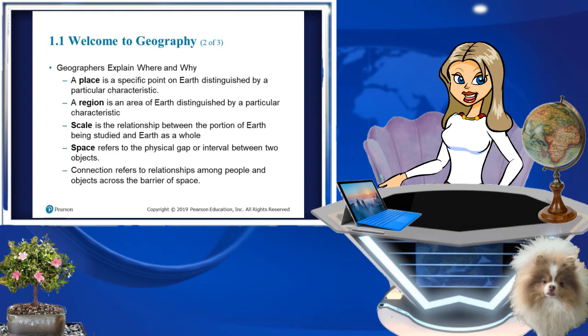A place is a specific point on earth distinguished by a particular characteristic. A region is an area on earth distinguished by a particular characteristic. In describing the distinctive features of a place, geographers might consider place names, the site, and the situation.